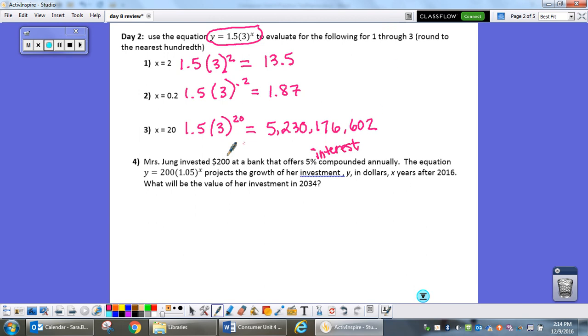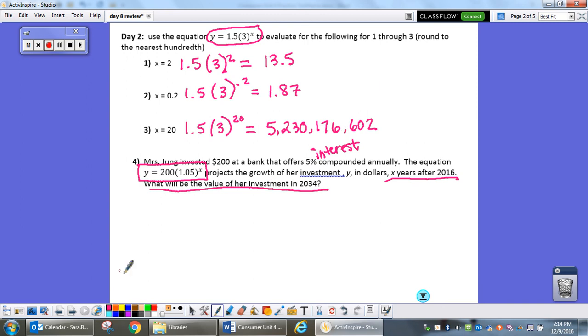The equation is y equals 200, because that's her y-intercept, times 1.05 to the x power. That's projecting the growth of her investment in y dollars in x years after 2016. So what will the value of her investment be in 2034?